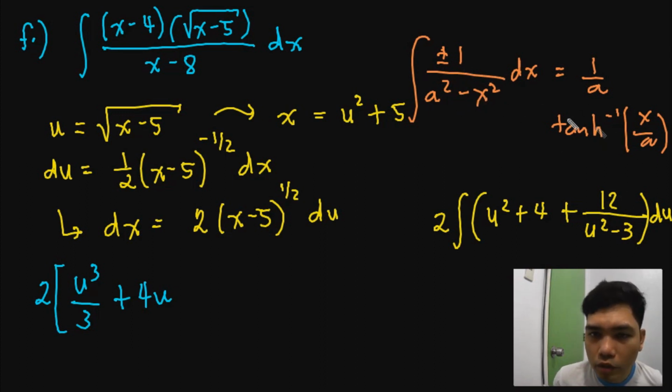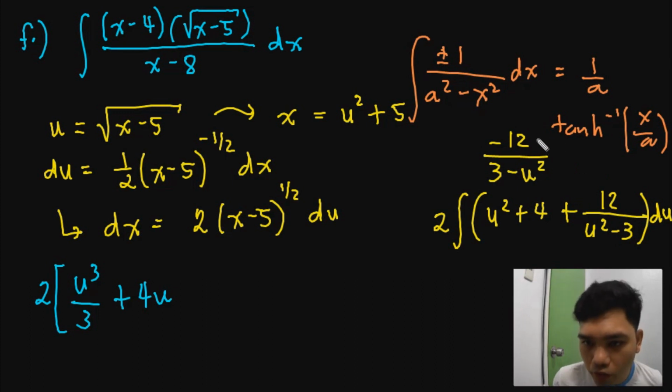If you look closely, I can rewrite this 12 over u squared minus 3 as negative 12 over 3 minus u squared, which makes perfect sense, because I'm not really changing the expression, just making it look like this form.